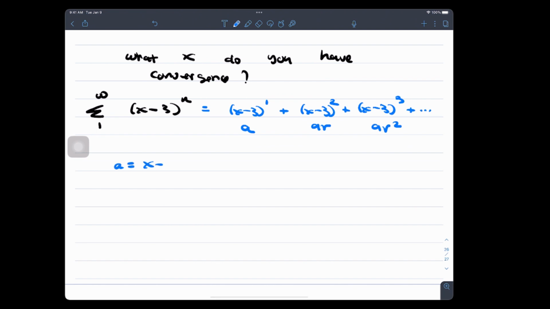Remember, what does that mean? a is x minus 3. What's ar? x minus 3 squared. Is that true?